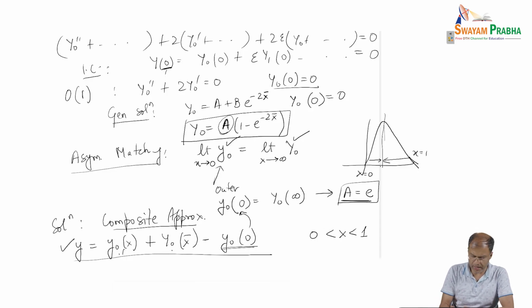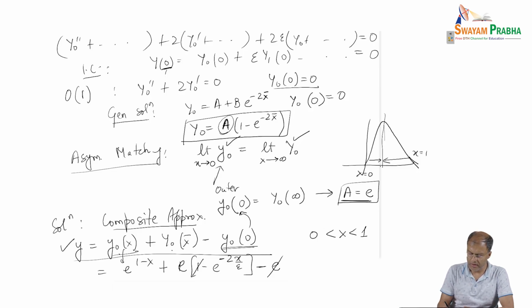If we plug in all these answers, we get that y is equal to e to the power 1 minus x, which is y0, plus e times 1 minus e to the power minus 2x over epsilon, minus y0 of 0, which is e.